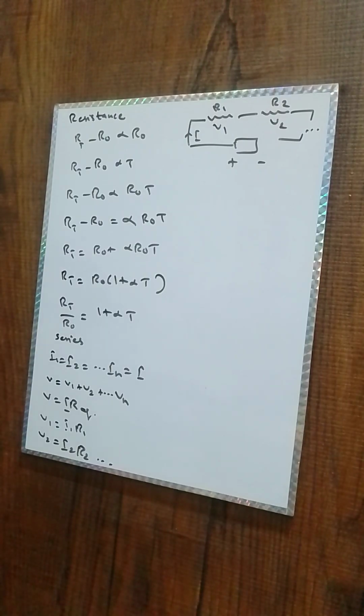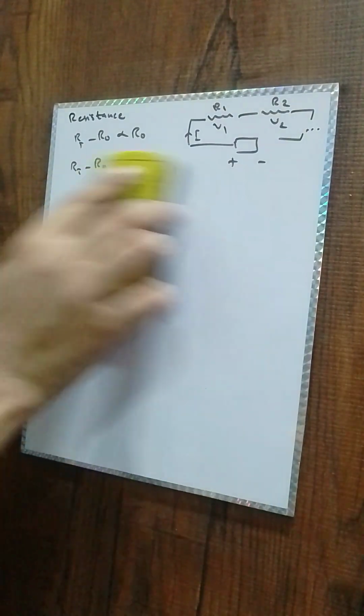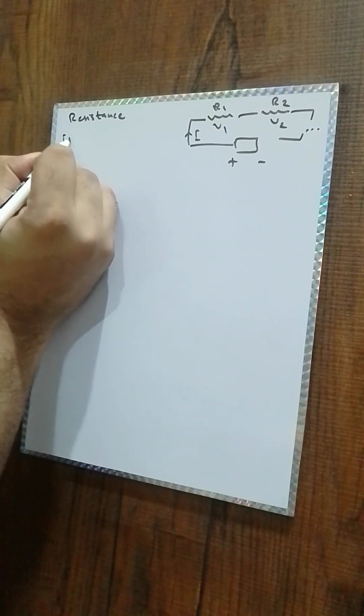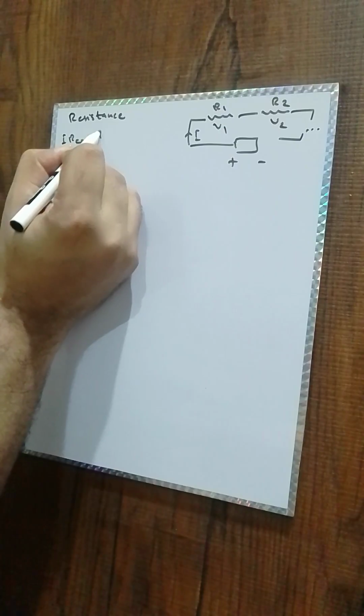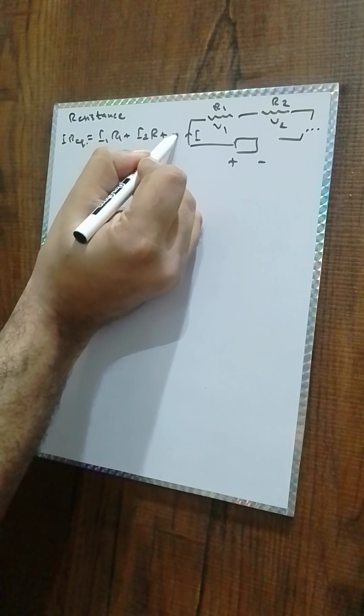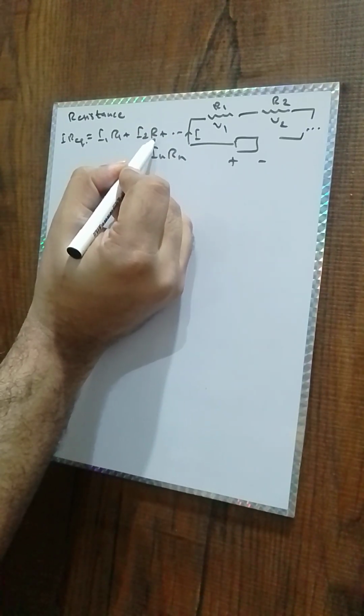Okay, so what we do now is we get into further development, which is that I R equivalent is equal to I1 R1 plus I2 R2 plus up to IN RN.